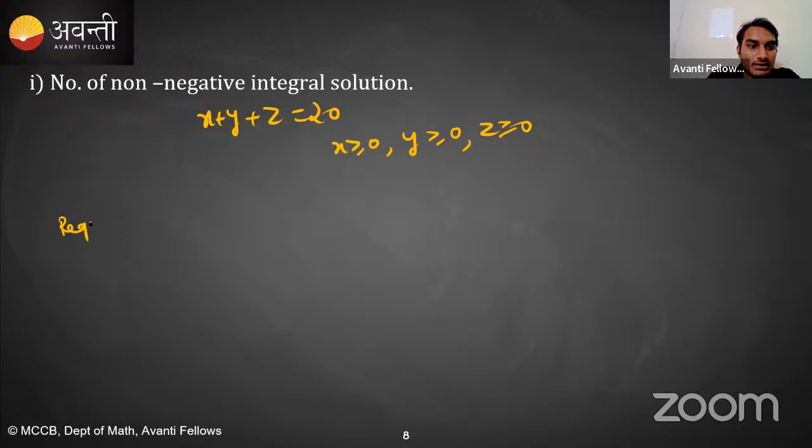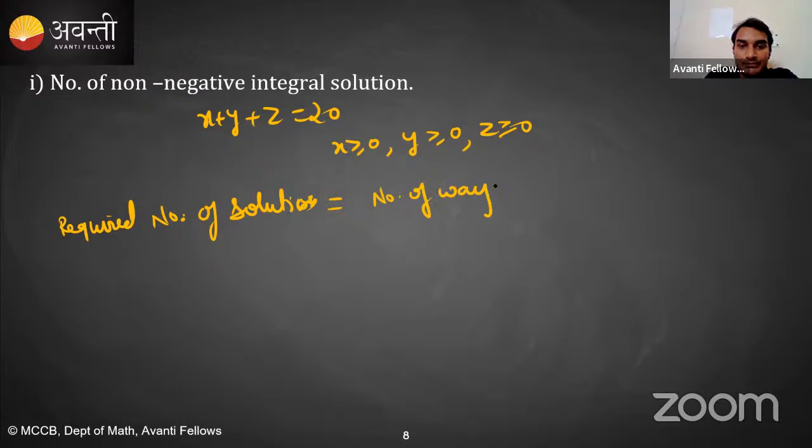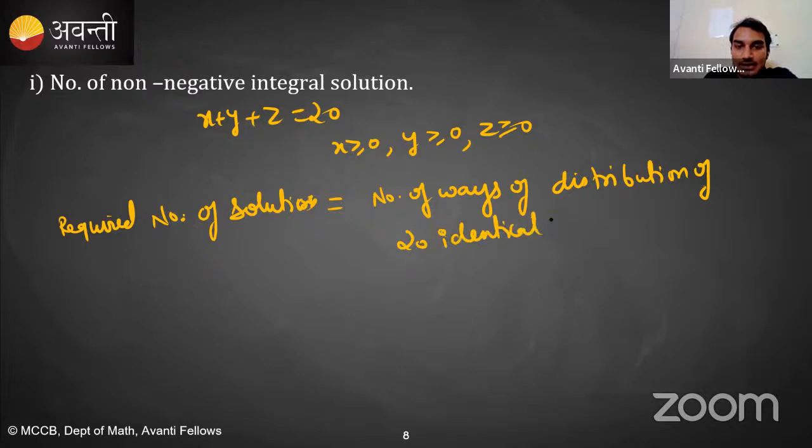The required number of solutions is equal to the number of ways of distribution of 20 identical objects among 3 persons.